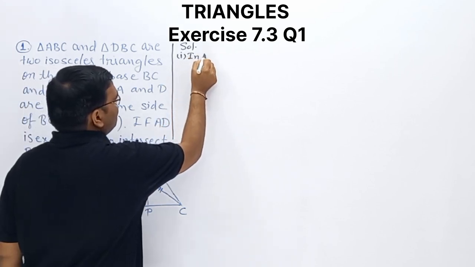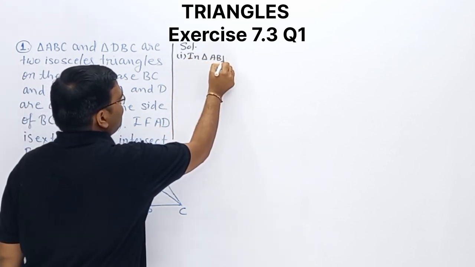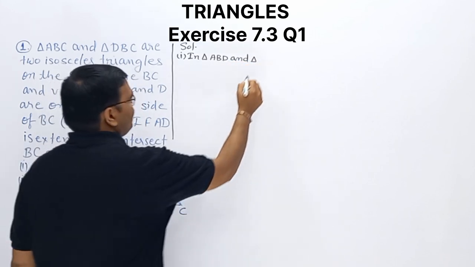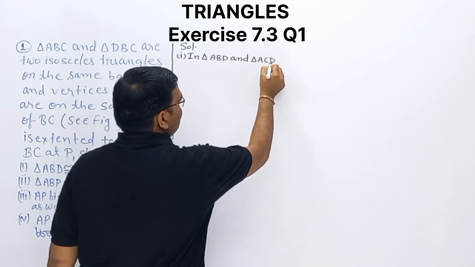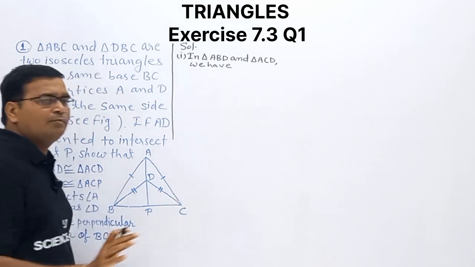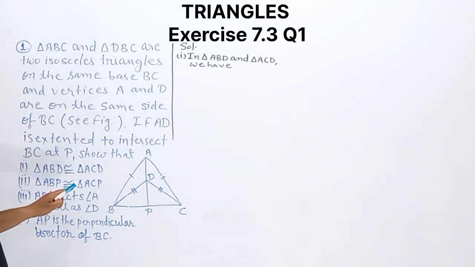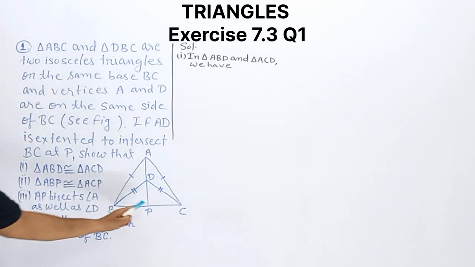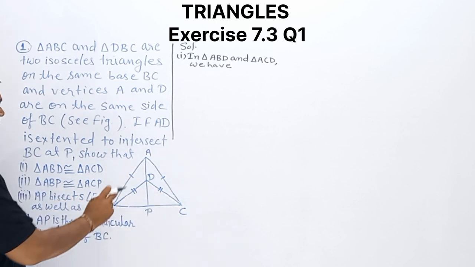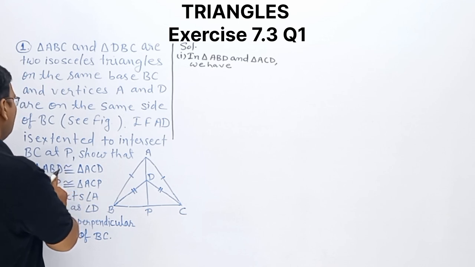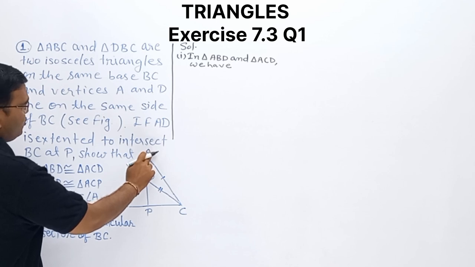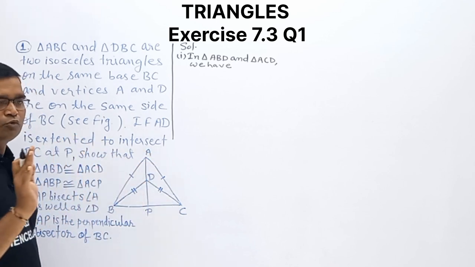In triangle ABD and triangle ACD, what are we having? Observe carefully. Simple question. In the question we are having ABC and DBC as two isosceles triangles. We want to show triangle ABD is congruent to ACD.